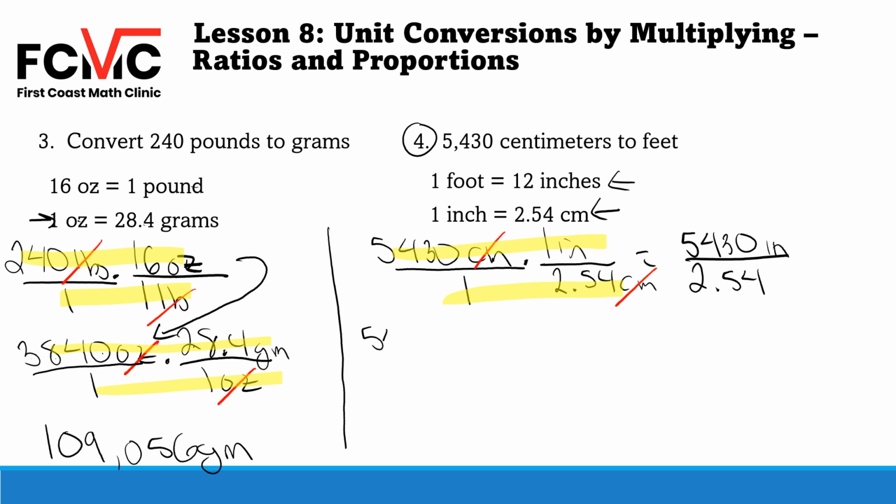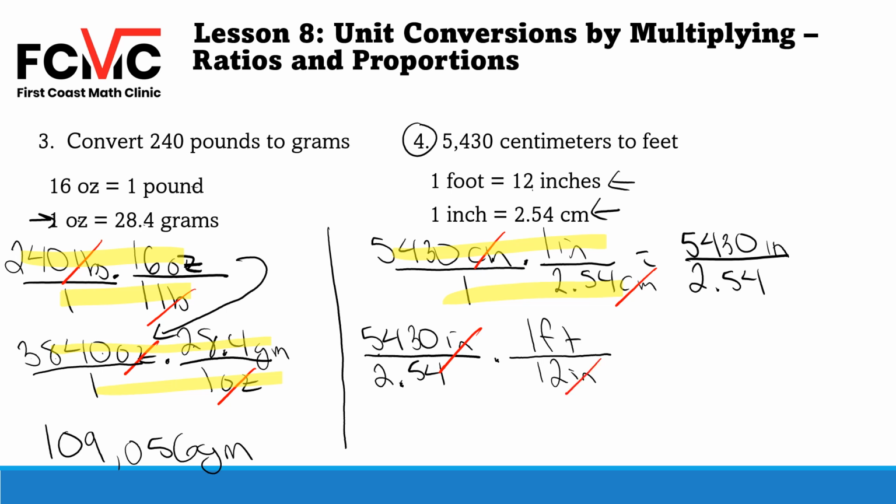So we write that down here so we can do some more work with it: 5,430 inches over 2.54. Now we want to convert the inches to feet, so let's multiply by 1 foot over 12 inches. Now our inches and inches cancel each other out, inches in the numerator, inches in the denominator.